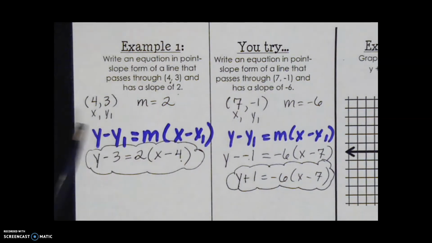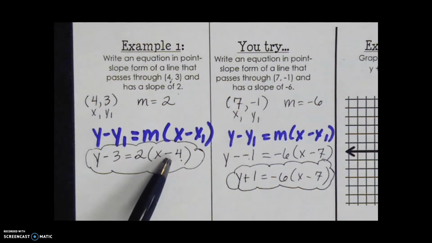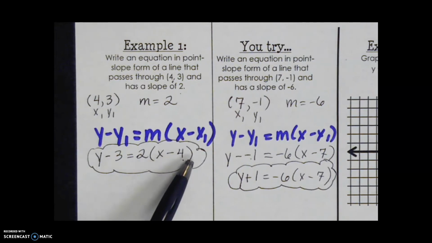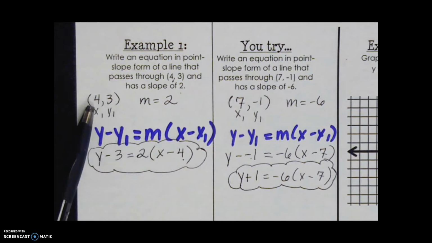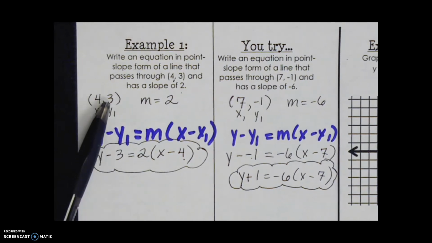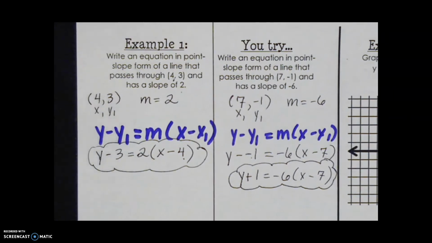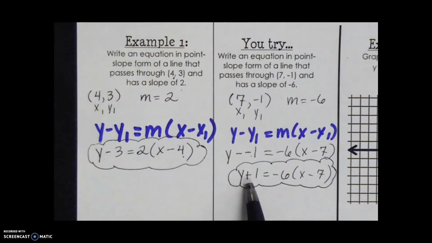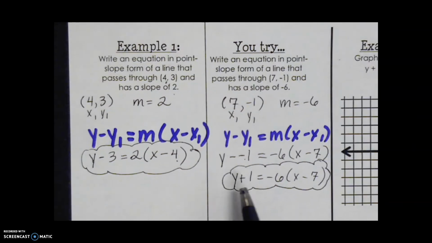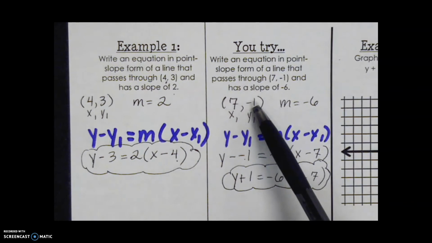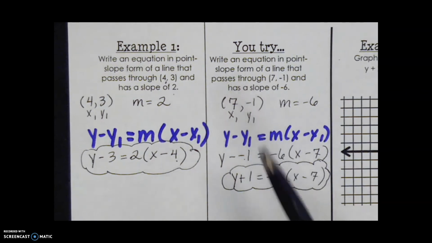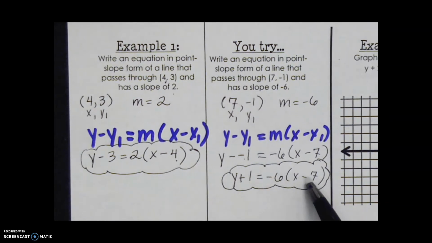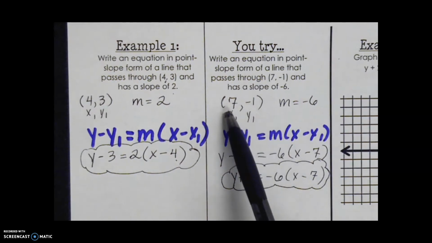If you look, my x value over here, it says -4. My x value is a positive 4. This is a -3, but up here it's a positive 3. Okay, how about over here? It says y plus 1. If I look at my y value over here, it's a -1. And then this one, -7, my x value is a positive 7.